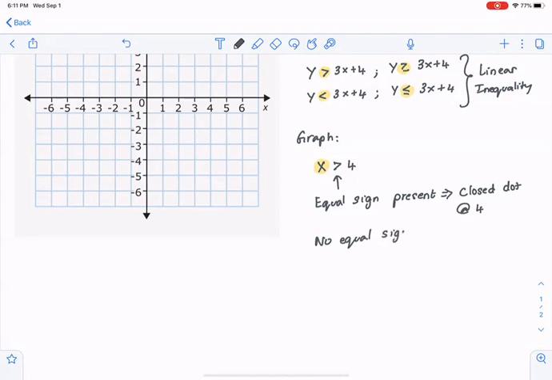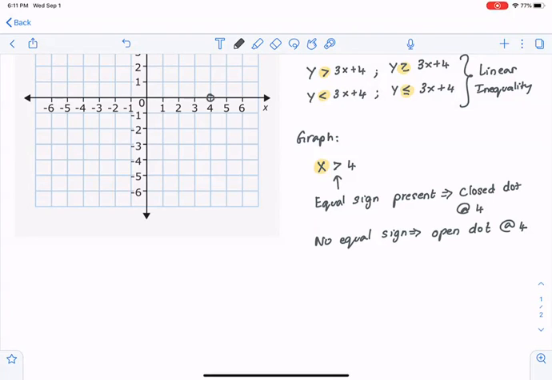If there is no equal sign, then we put an open dot at 4. And in our case, there is no equal sign, so I'm going to put an open dot.